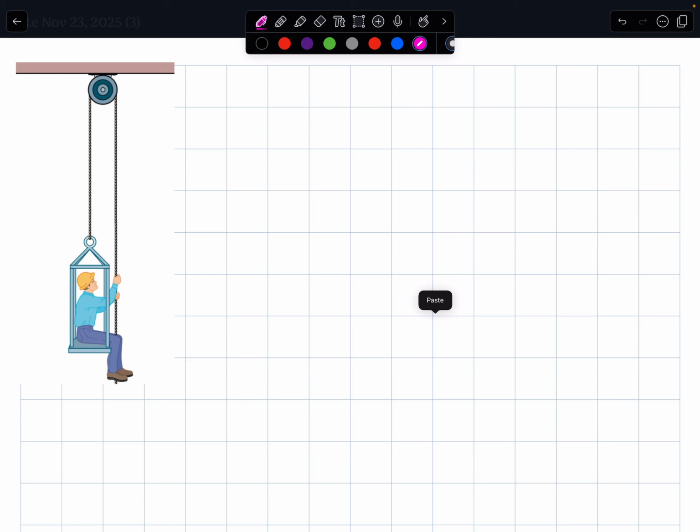And so let's label some properties of this system here. So, for example, the mass of the person here, we'll call it M1. So that person has a mass of, I don't know, let's say 80 kilograms.